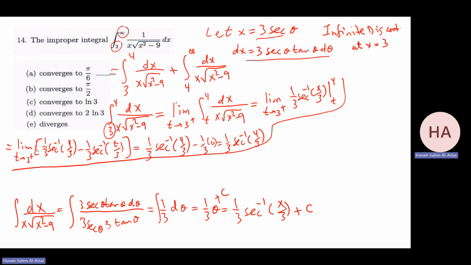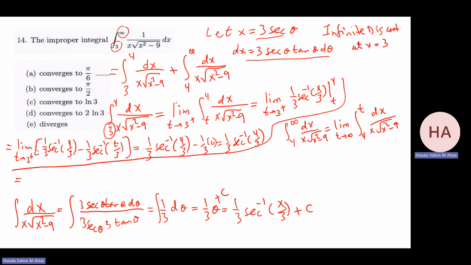Now let me do the second one. Integral 4 to infinity. Same thing. But now my problem is with the infinity. 4 to t. And that is equal to what?